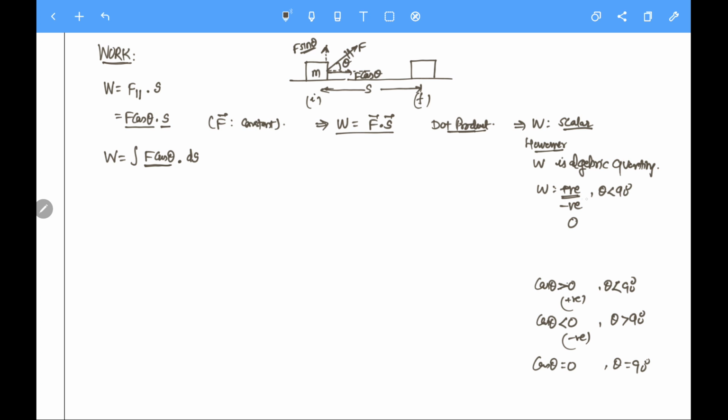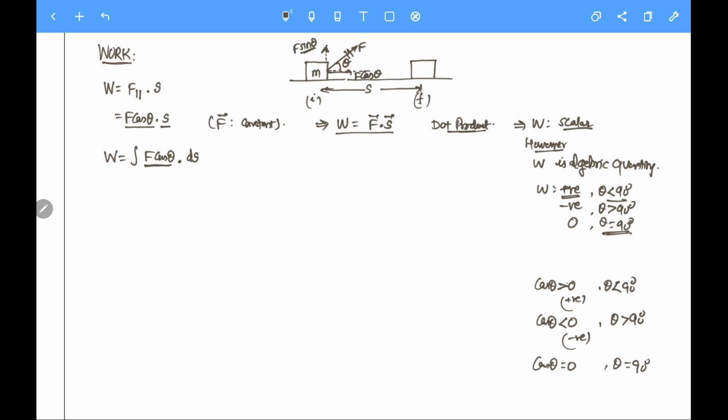So work will be positive when theta is less than 90, negative when theta is greater than 90 and less than 180, and 0 when theta is 90 degrees. It means work is an algebraic quantity and we have to add work algebraically with sign.